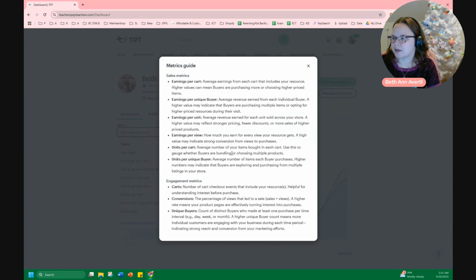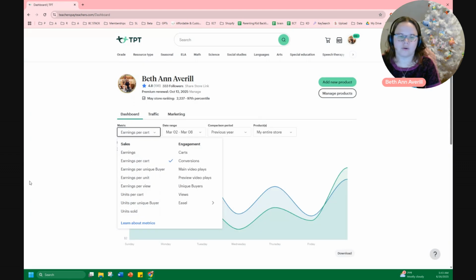Use this to gauge whether buyers are bundling or choosing multiple products. Units per unique buyer: average number of items each buyer purchases. Higher numbers may indicate that buyers are exploring and purchasing from multiple listings in your store. So look at this and decide how you want to use this information to help your store. It says that a higher value may reflect stronger pricing, fewer discounts, or more sales of higher priced products. There you go.